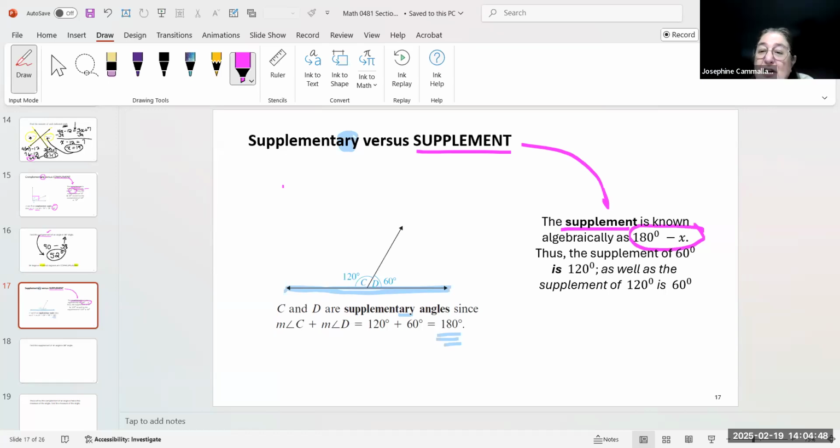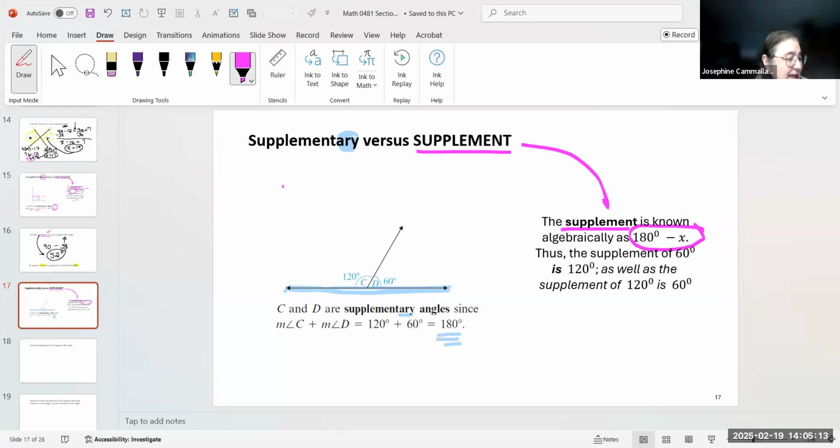If I have 120 and I want the supplement of 120, I take 180 and subtract 120 from it, and I get 60. I have to remember, without the ARY, I am subtracting one of the angles.